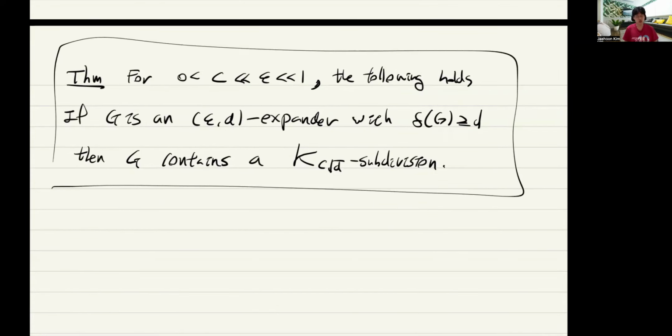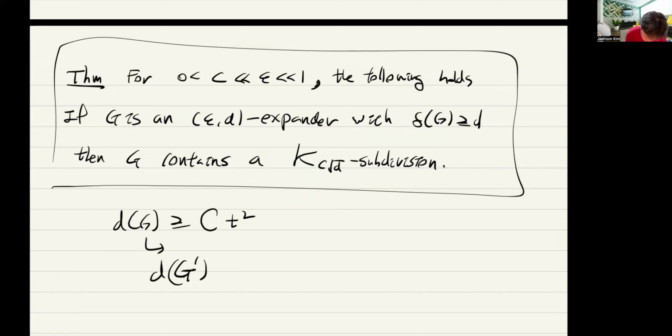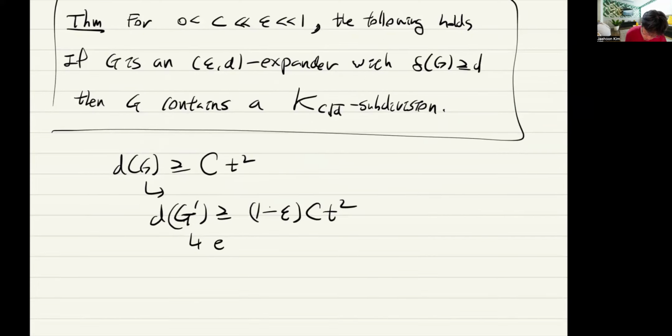If your ordinary graph G has average degree, say some large constant times K square, then what? You apply the previous theorem to find the sublinear expander whose average degree is almost the same. This is an epsilon D expander.